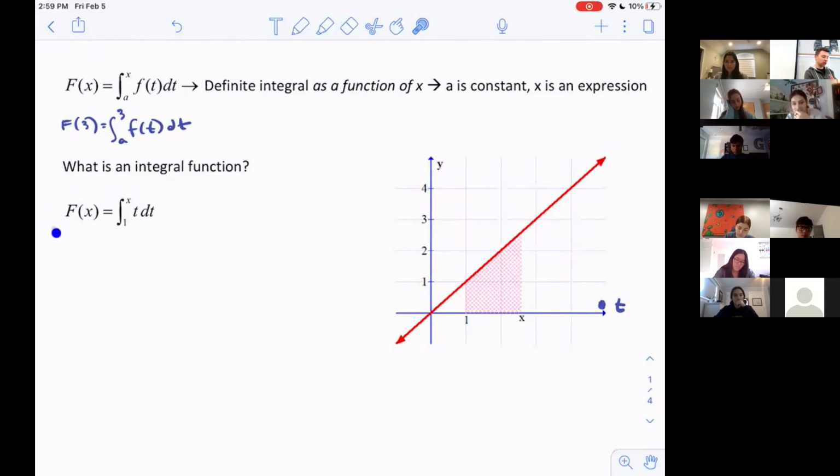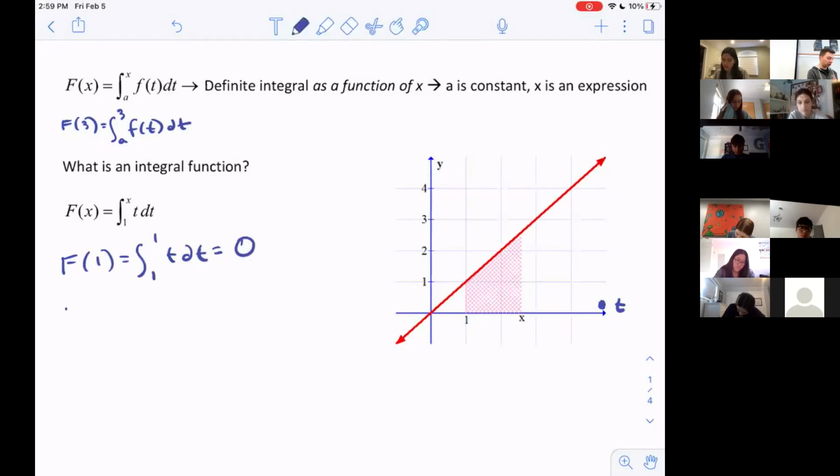This integral function, capital F of x, is the area between this line and the axis, starting at 1, going to any t value we want, determined by whatever we plug in for x. So F of 1 would be the integral from 1 to 1 of t dt. That would be 0. No area there.